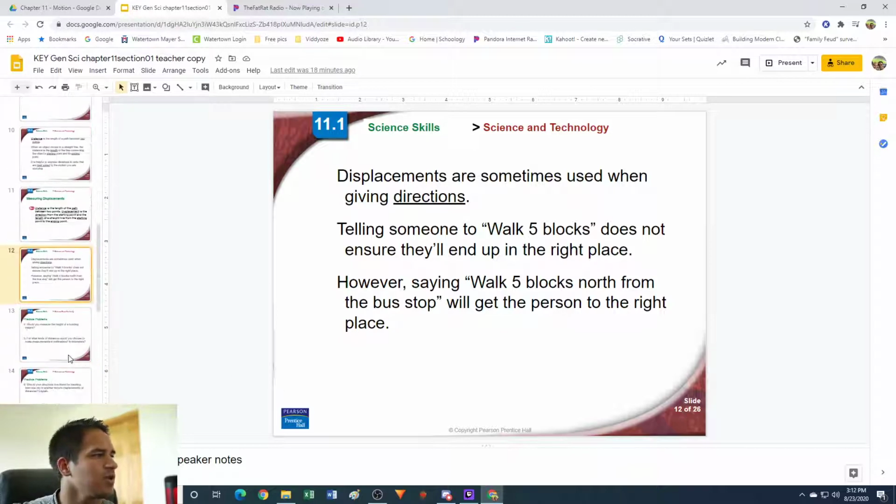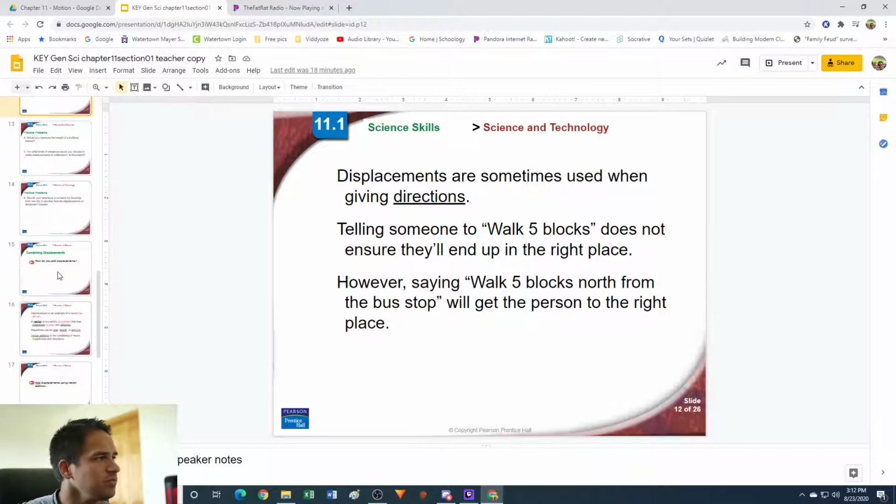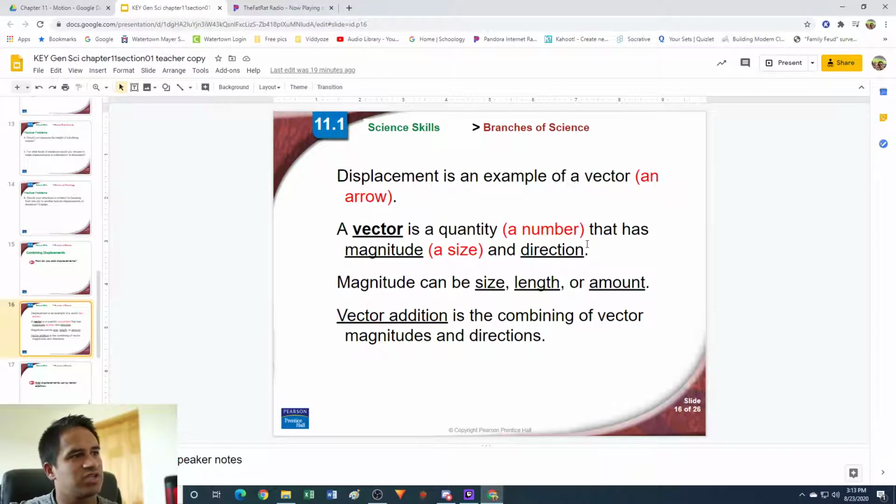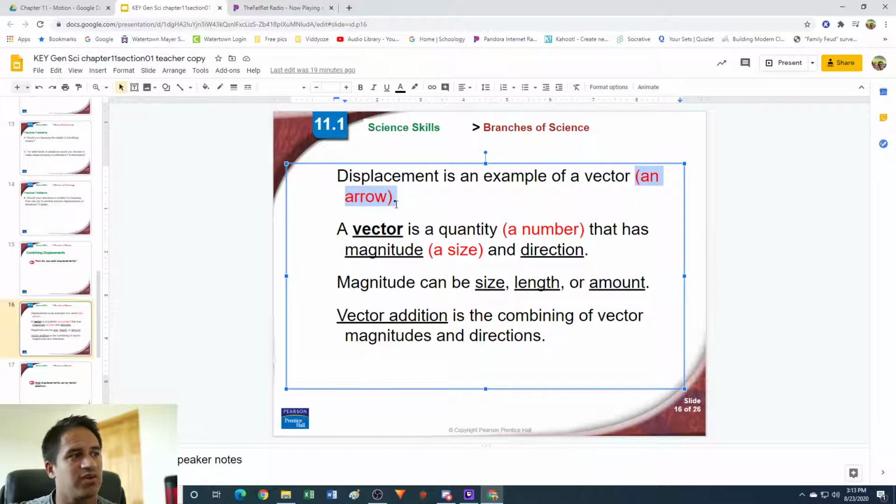Okay? Now, the cool thing with displacements is that they're a lot easier to do math with, which, of course, math and science go hand in hand, so we're going to be doing a lot of math and calculations in this course. And so we're going to talk about displacement here. Now, displacement is something that's known as a vector, okay? A vector is basically just a very fancy way of saying an arrow, okay?